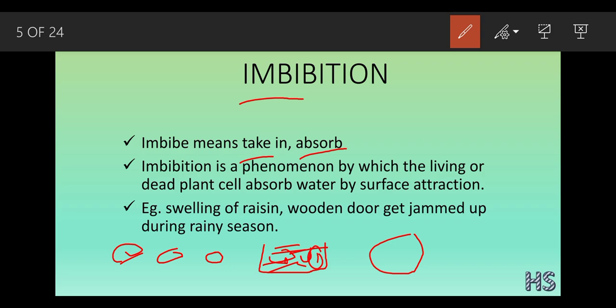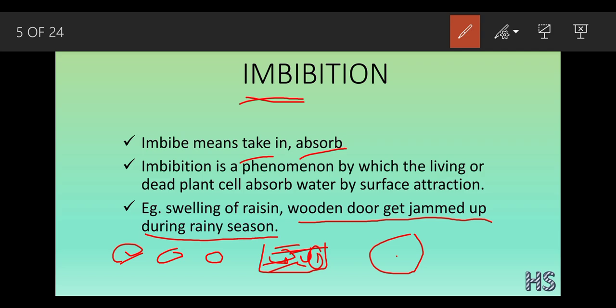So what is this phenomenon called? This phenomenon is called imbibition. What happened is that inside this bowl there were water molecules which entered into the raisins, because of which the raisins swelled up. You have often seen that wooden doors get jammed during the rainy season.